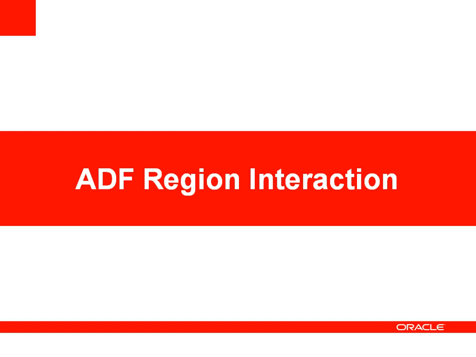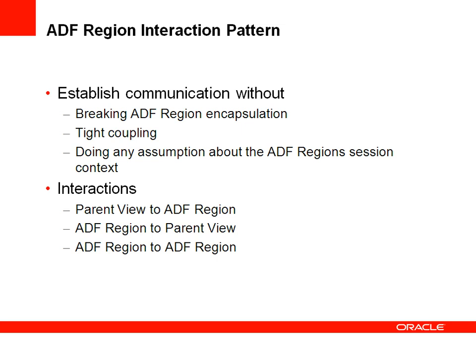And for this we need to establish interaction and communication between different areas on a page, which could be regions. The goal is to establish communication without breaking the encapsulation that you get through the use of bounded task flows. Bounded task flows are not meant to make any assumption about the context they're running in.